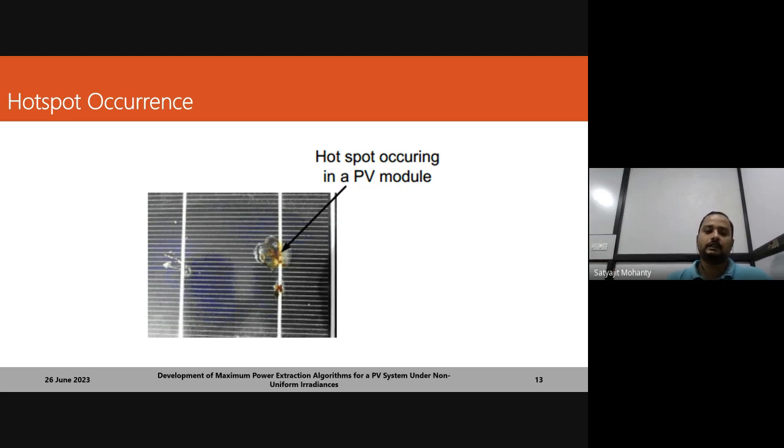I have depicted the shading patterns, where a part of the solar panel is shaded by some clouds or any intermittent obstruction. That portion will act as a load instead of a generator.